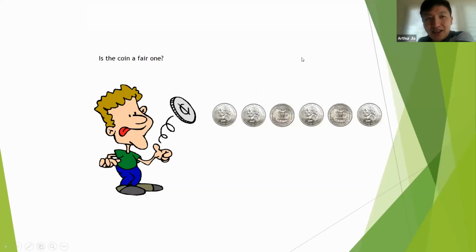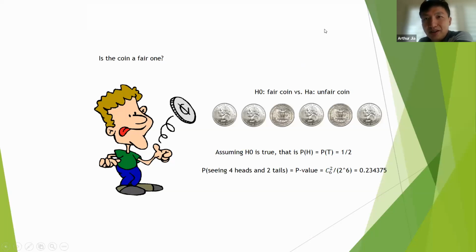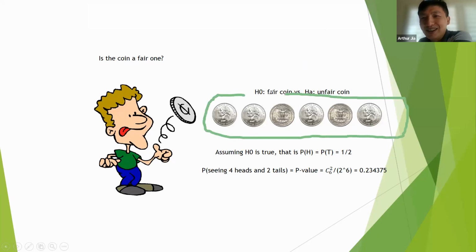Okay, good. Now another example. You do the same thing, but this time you get a reasonable outcome, like 4 heads and 2 tails, right? And remember, we still test the null hypothesis. This is the null model, p equals 0.5.